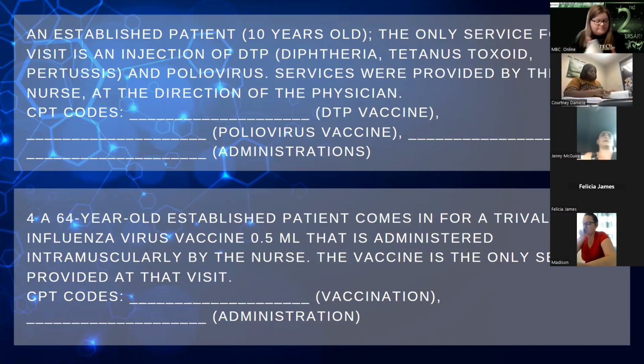So let's work on our vaccines first. Since they spell it out for us nice and easy, I would just look for those in the alphabetic index, DTP, or you probably want to look vaccines, and then it'll indent down and give you a list of different vaccines, and it'll lead you to the code you need to check.